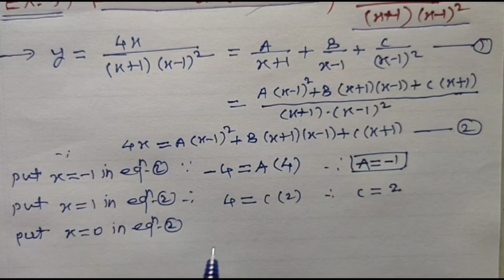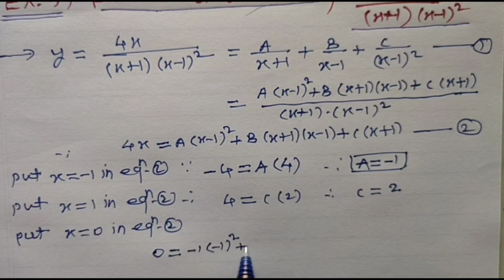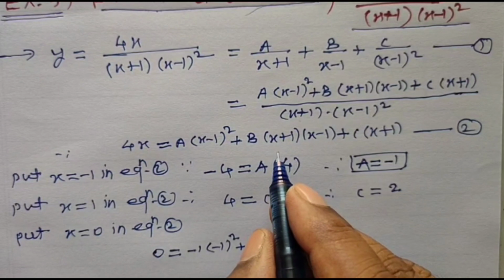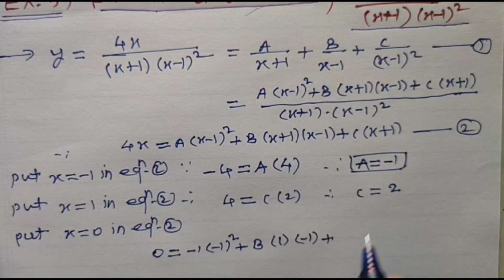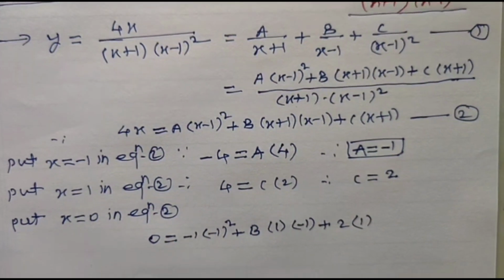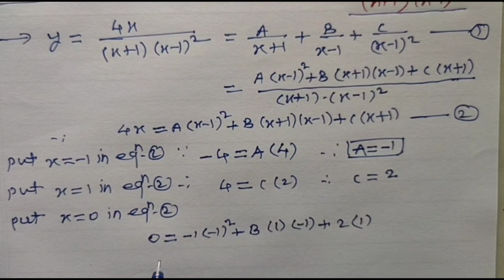Left hand side becomes 0, is equal to a is minus 1, minus 1 into minus 1 square plus b into minus 1, 0 plus 1, 1, and 0 minus 1, minus 1, plus c is 2, 2 into 0 plus 1, 1. Simplify this and get the value of b.